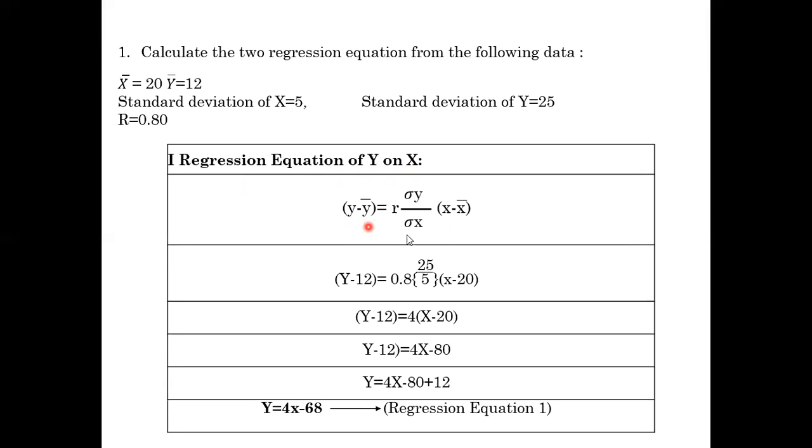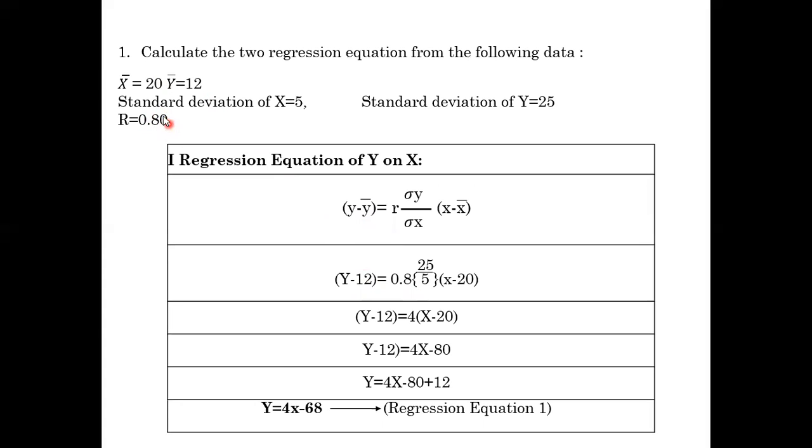The formula is: y minus y mean is equal to r into standard deviation y divided by standard deviation x, into x minus x mean. This is the formula for calculating regression equation y on x. So y minus y mean is how much? Here 12 is there.